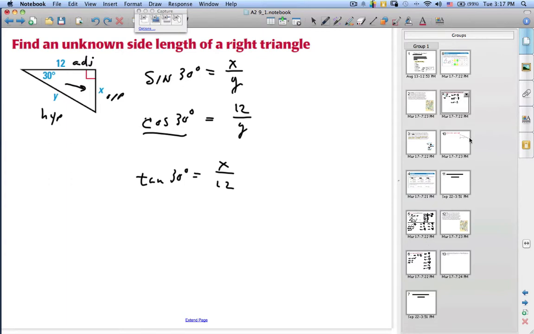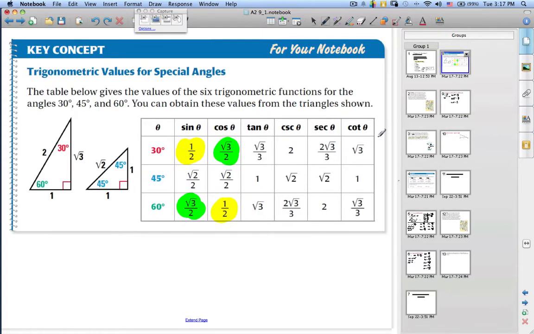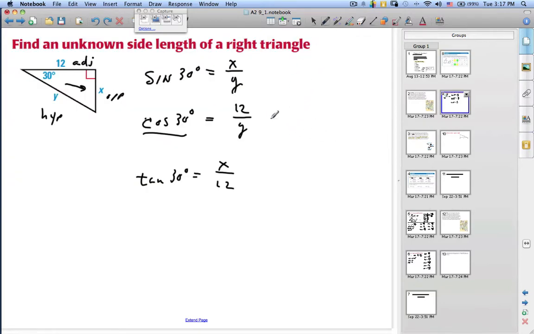So if I look at cosine and tangent of 30 degrees, cosine of 30 degrees is root 3 over 2. So cosine of 30 degrees, root 3 over 2, is equal to 12 divided by y.